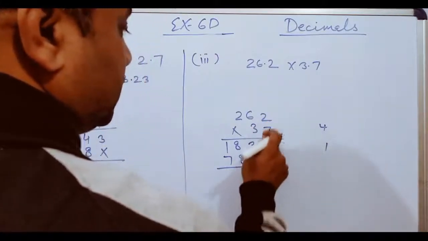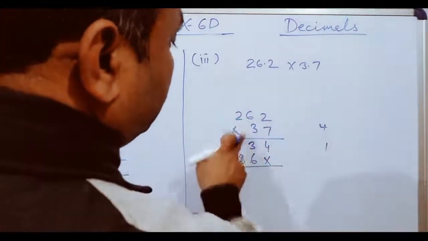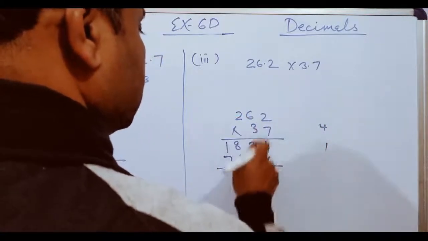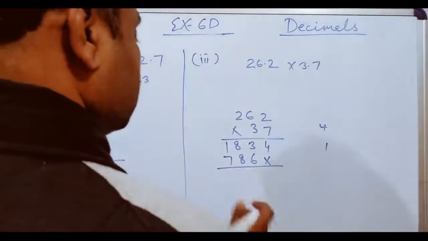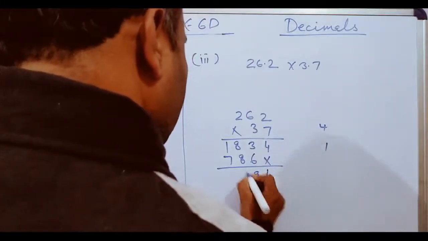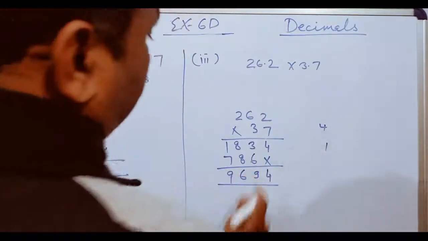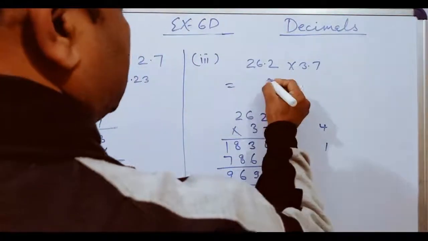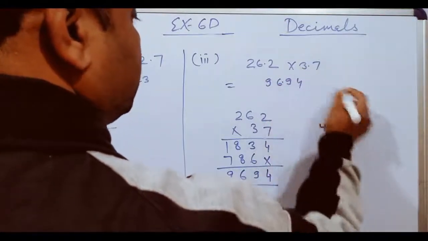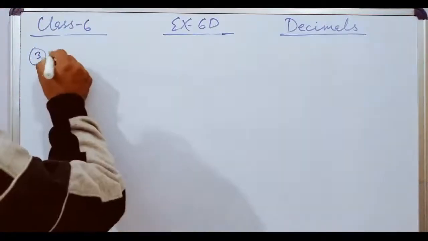Again 7 twos are 14, carry 1. 7 sixes are 42, 43, carry 4. 7 twos are 14, 4 is 18. 3 twos are 6, 3 sixes are 18, 3 twos are 6, 1 is 7, 4, 9, 16, 8, 1, 9. We add this, then it is 969.4. After 1 digit on the left side we will put the decimal. Okay, dear students.